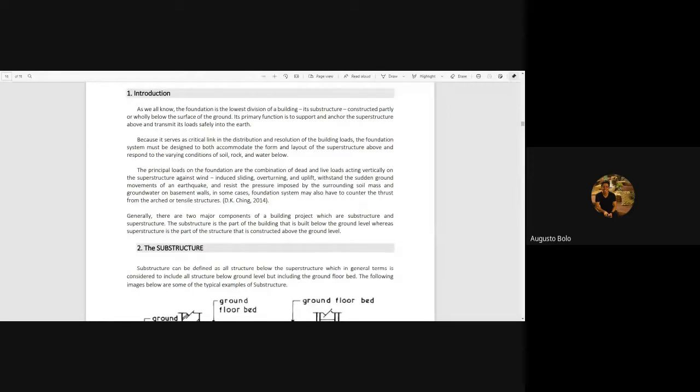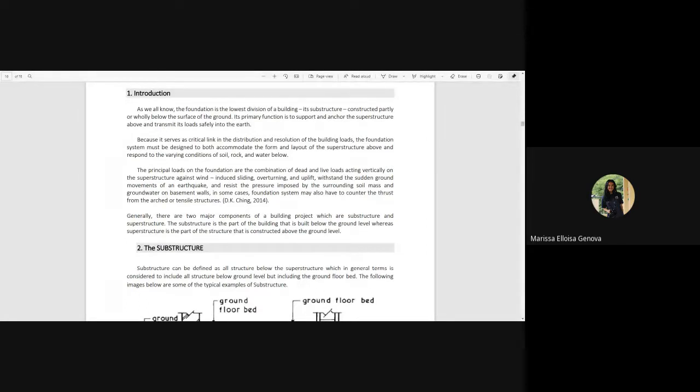Sino ba? Bing, can you, in your opinion, may I know what do you mean by foundation system? What is foundation? Can you hear me, sir? Yes, loud and clear. From our previous semester, we somehow tackled the foundation.